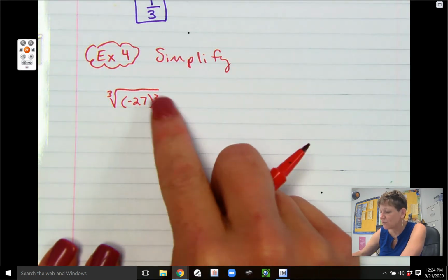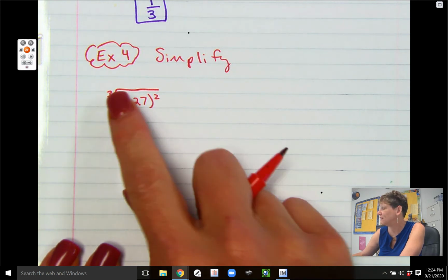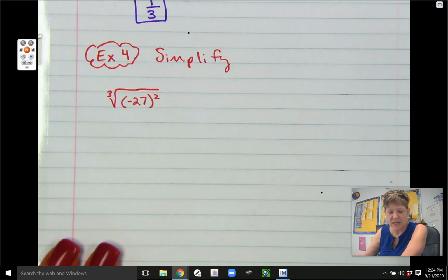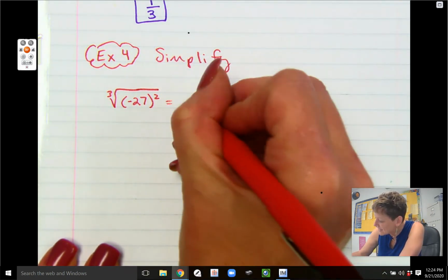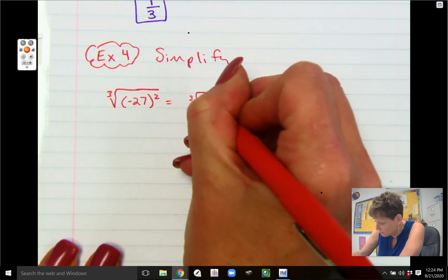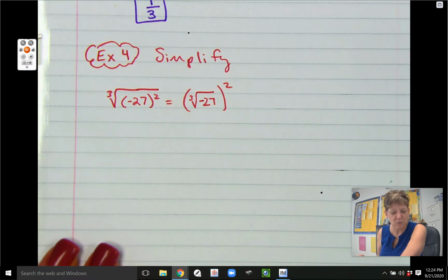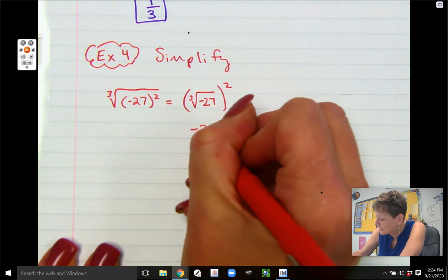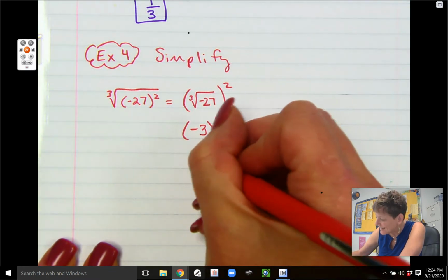I can square negative 27 and then take the cube root, but that'll give me a really big number, and I don't want to have to use my calculator. So instead, I can take the cube root of negative 27 and then square that answer. The cube root of negative 27 is negative 3, and if that is squared, I get an answer of 9.